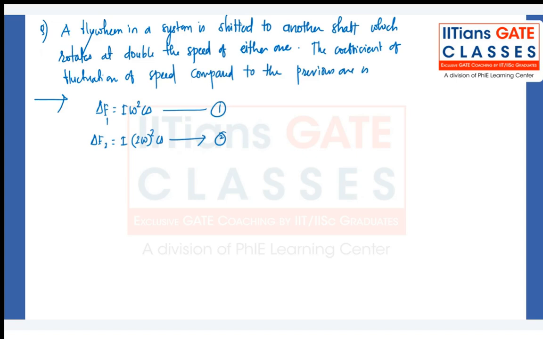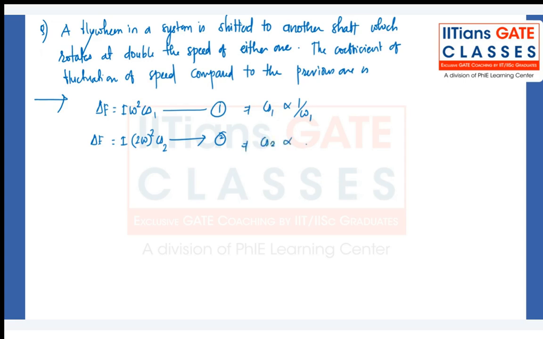The coefficient of fluctuation of the speed they are asking. So CS1 and CS2. From this we can say CS1 is inversely proportional to omega 1 square.